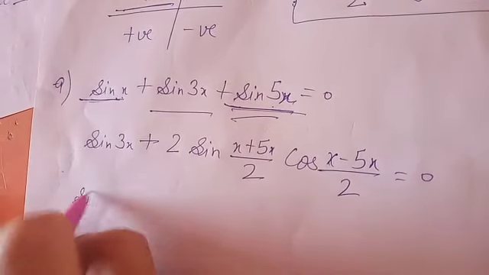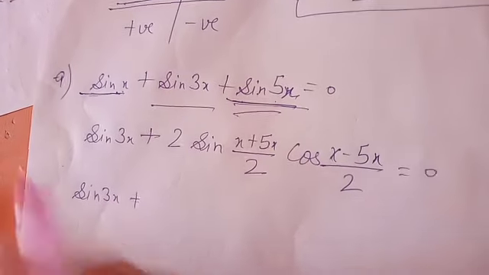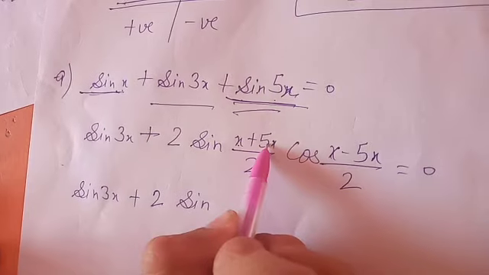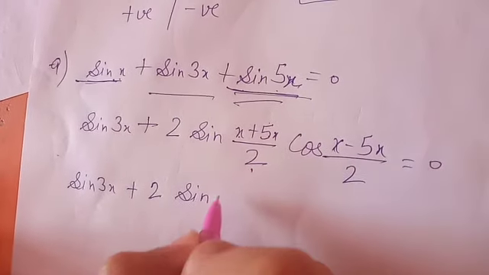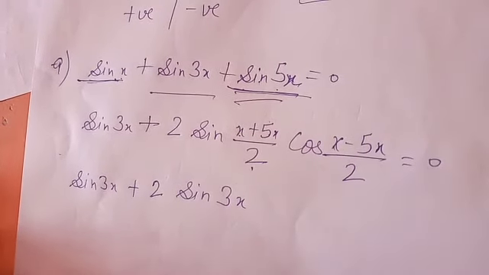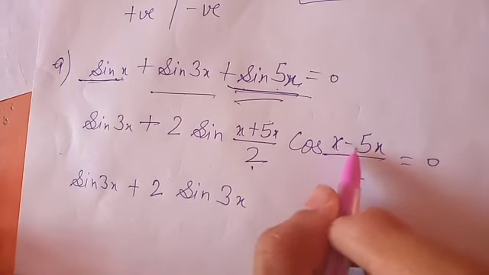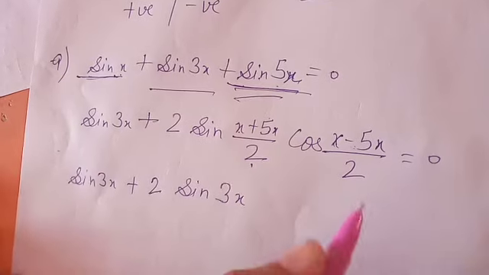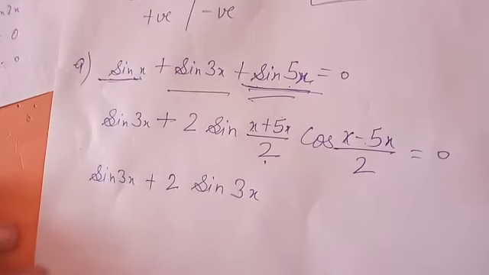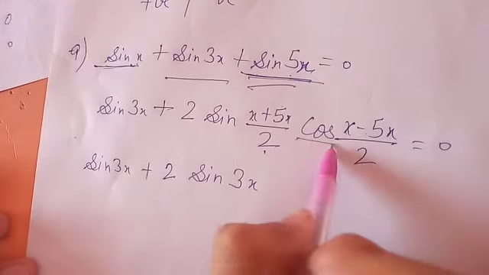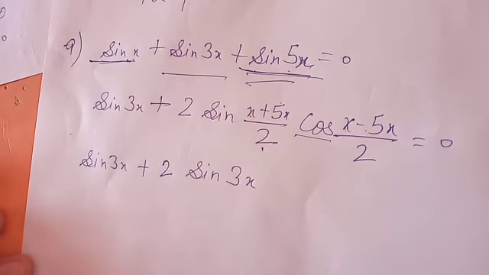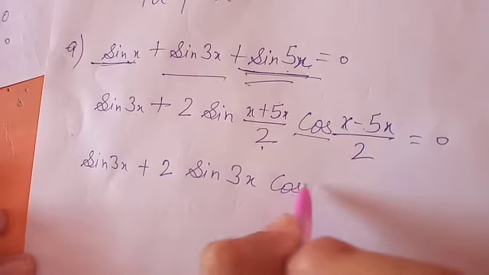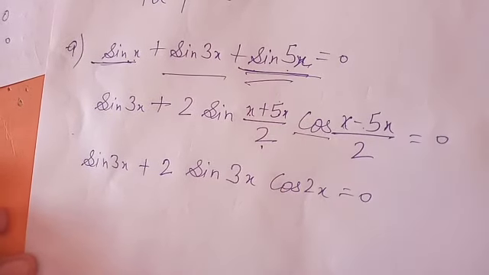So we get sin 3x plus 2 times sin of (x plus 5x) by 2, that is 6x by 2, 3x, and cos of (x minus 5x) by 2, that is minus 4x by 2, minus 2x. But cos of minus x is equal to cos x, so we get a positive angle here, cos of 2x equal to 0.